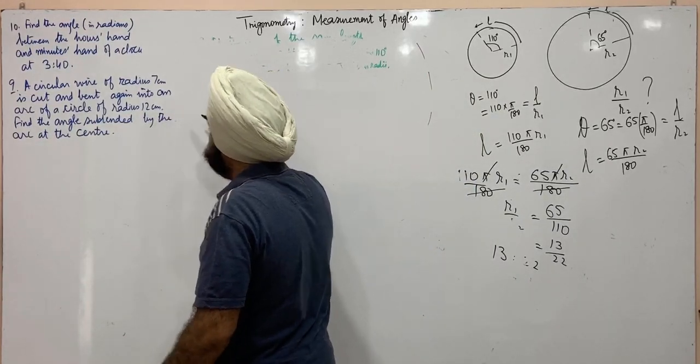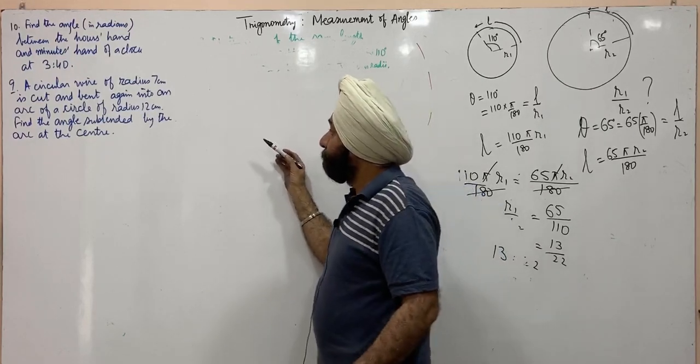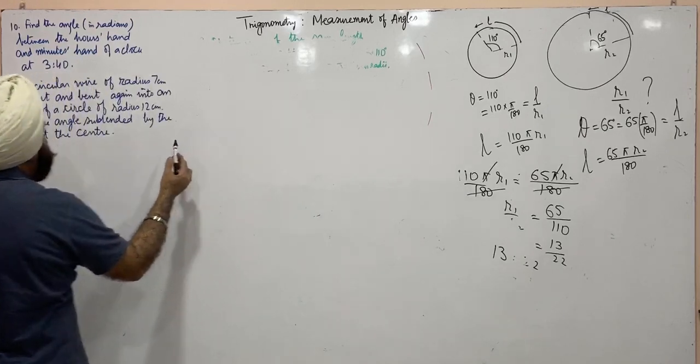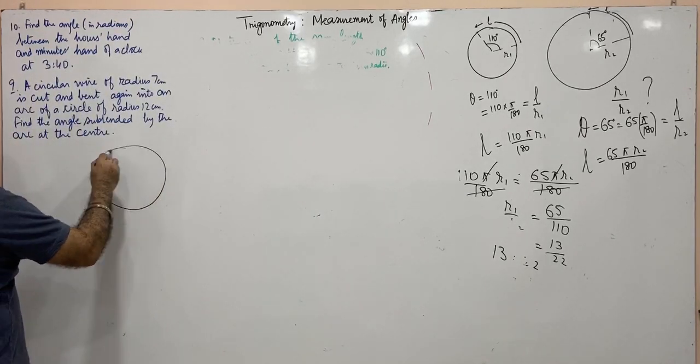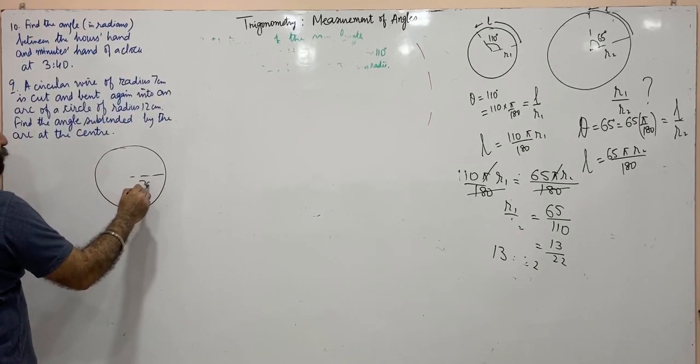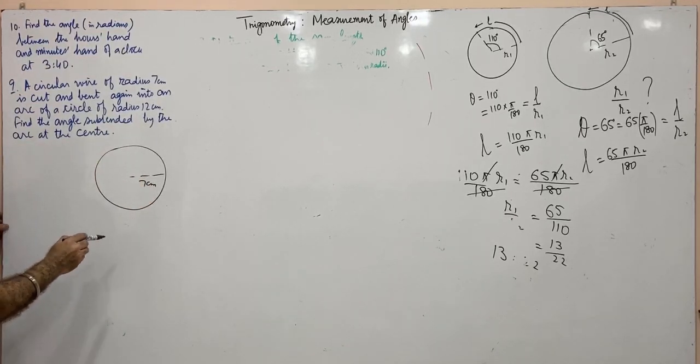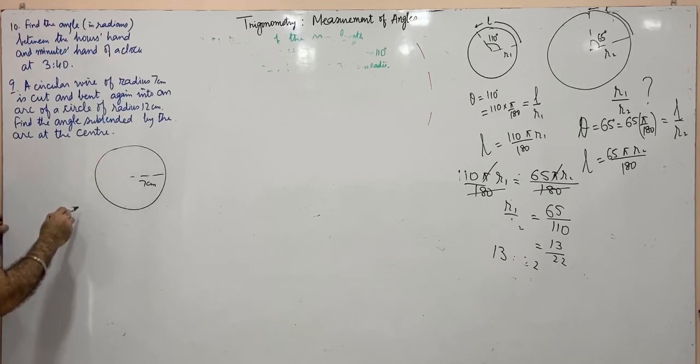You have to find the angle subtended by the arc at the center. So first of all, a circular wire of radius 7 centimeters. This is cut and bent. So what will be its circumference, the length of the wire?